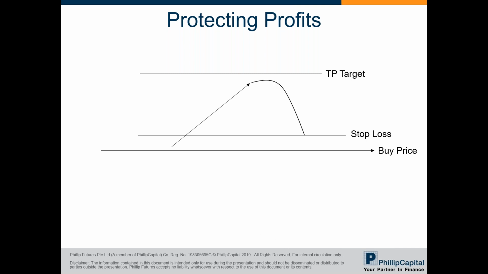Therefore, if the price comes down and hits your stop loss, you will still be in profit. You should be able to do this on most trading platforms. It's definitely doable on our MT5 platform. Your stop loss has to be below the current market price if you went long. If you went short, it'll be the other way.